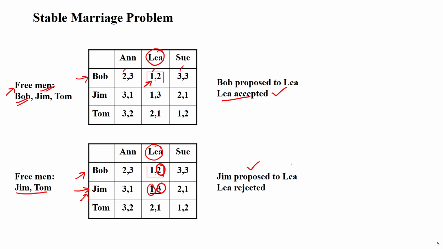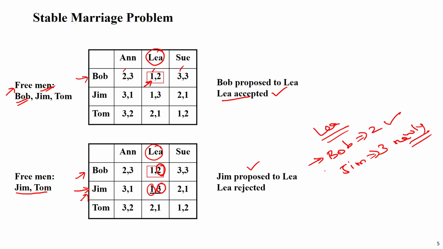So Jim is not better than Bob. So Bob is better than the newly coming proposal, Jim. So she is retaining her current mate. She is simply rejecting the newly coming proposal, Jim, right? So that's what is written here.